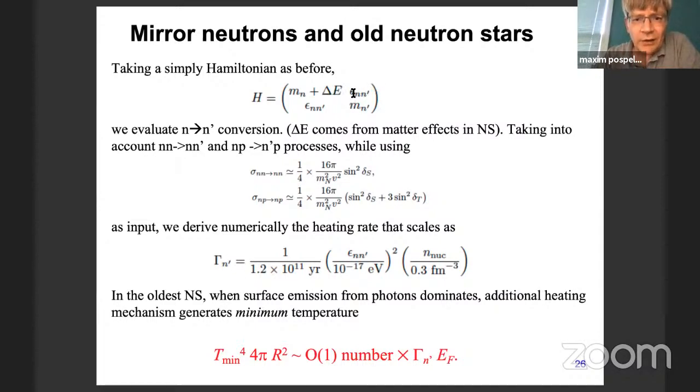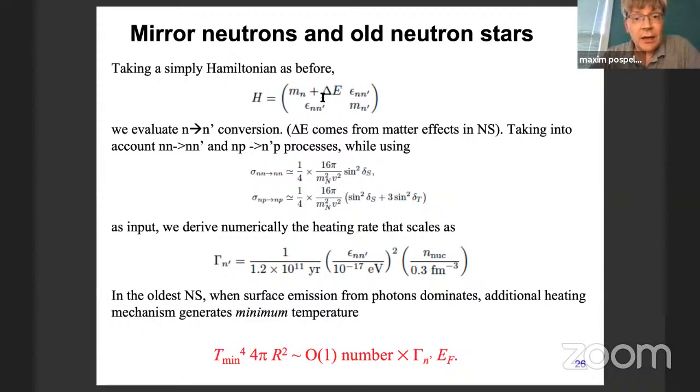There is an off-diagonal matrix element here for the mass matrix, which in my previous slides was called delta. There is a delta E parameter, which in a vacuum is close to 0 for a true mirror situation.